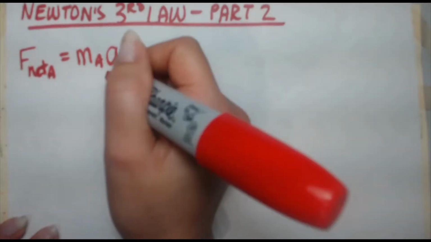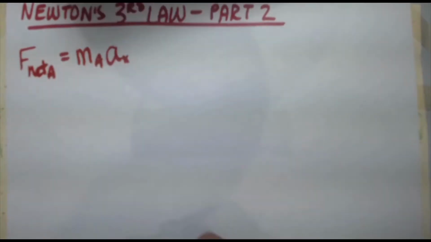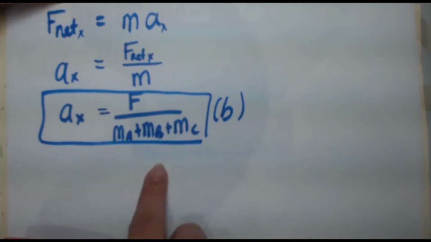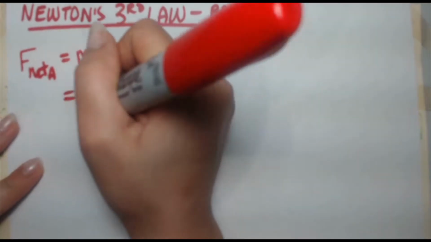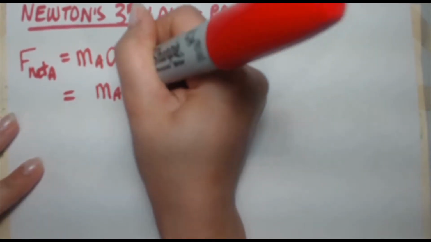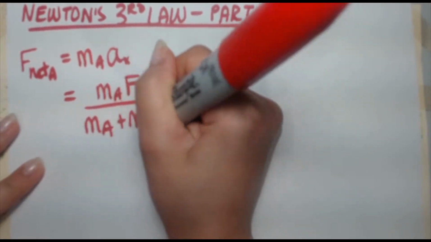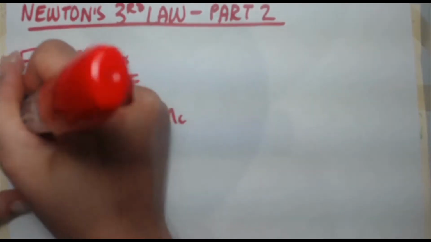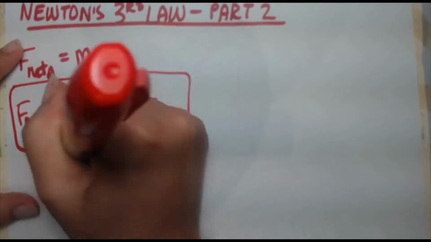We put this expression times the mass of A, and you get ma F over ma plus mb plus mc. And that is F net A. So there's the net force on A.